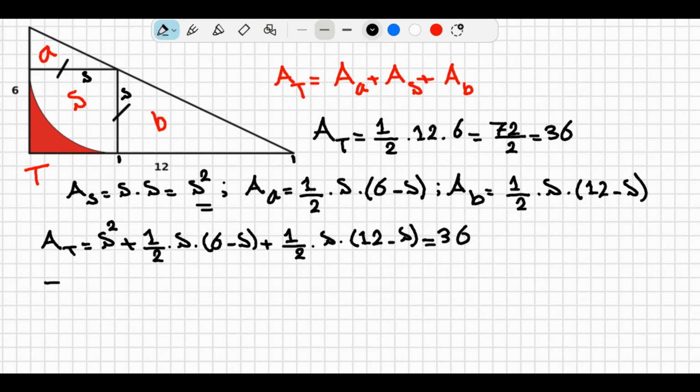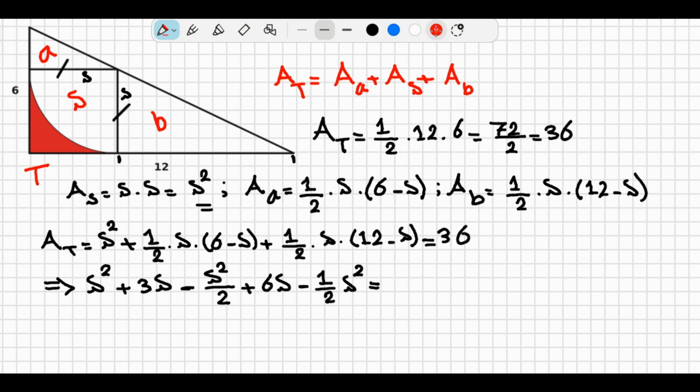Now expand these equations and we will have S squared plus 1/2 times S times 6 will be 3 times S minus S squared over 2 plus 1/2 times S times 12, 6 times S minus 1/2 times S times S, minus 1/2 S squared.